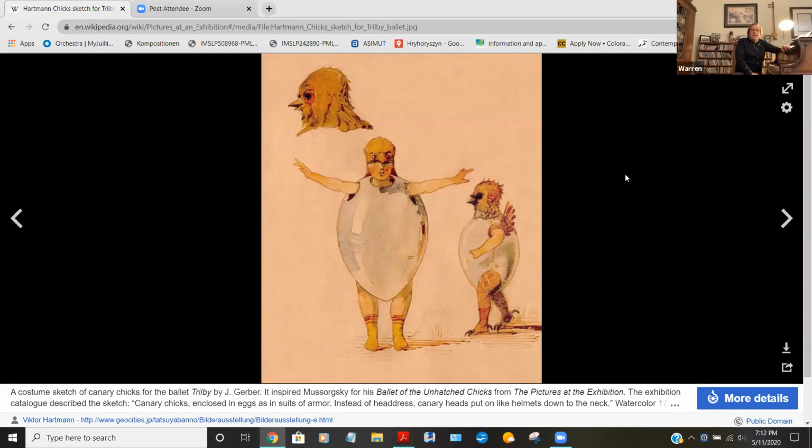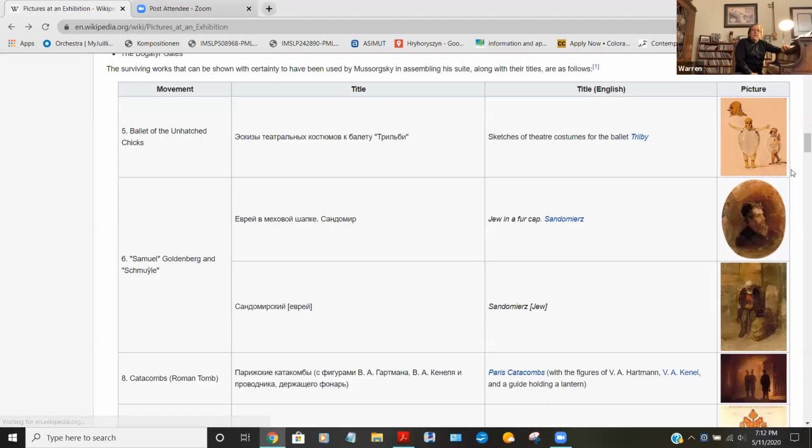But if you listen to Mussorgsky's music, which you're all familiar with, it's got this very much chicks type of vision to it, and yet they look like they're in the middle of hatching, and they're rather anthropomorphic in any case. So that was one of the pictures that did survive.